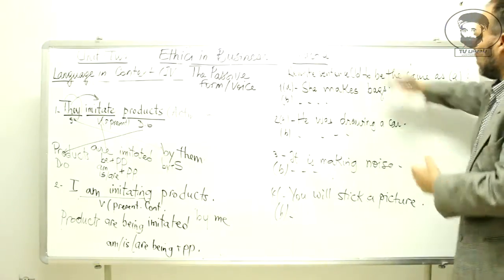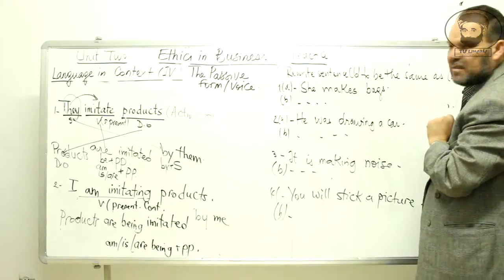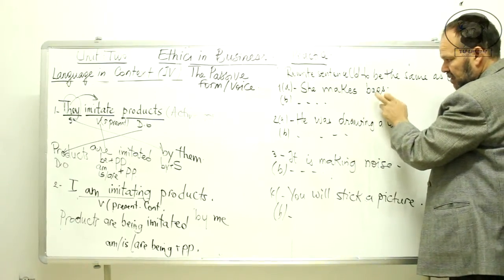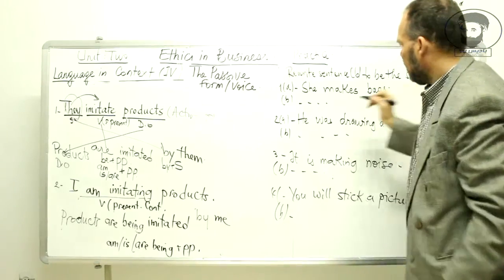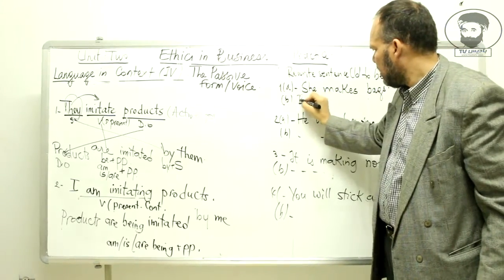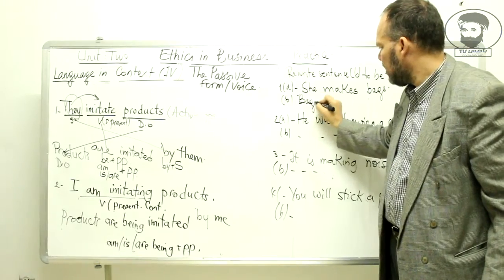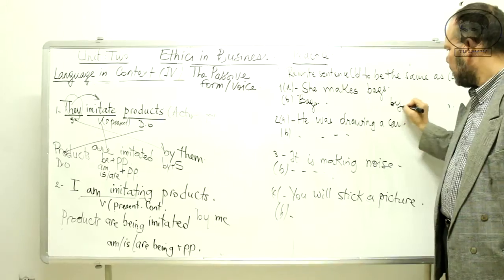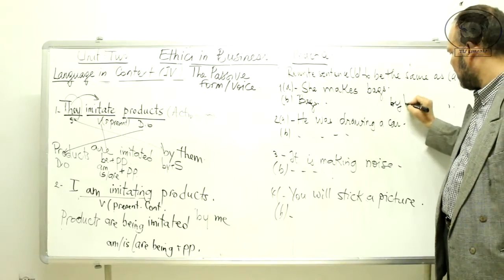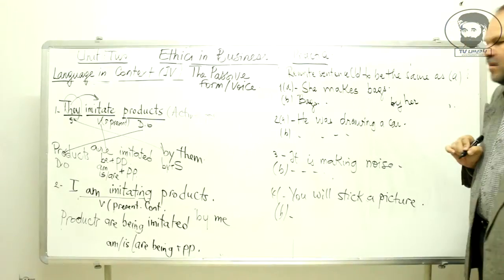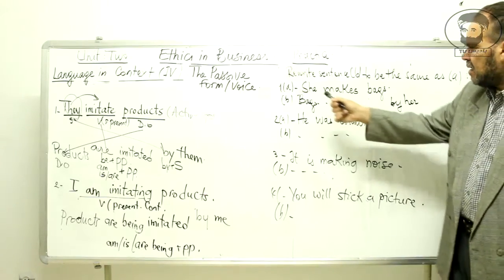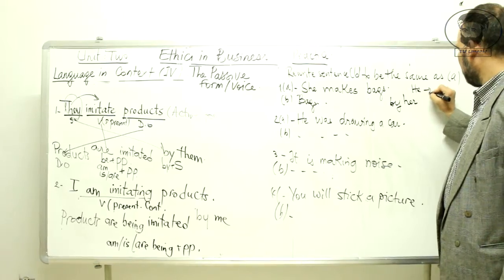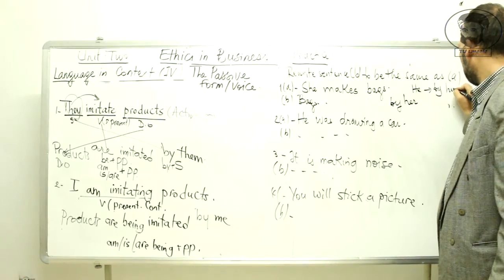So let's apply what we've seen in the rule of the past. Look, she makes bags. Now, bags is the direct object. By she becomes by her, and by he becomes by him.